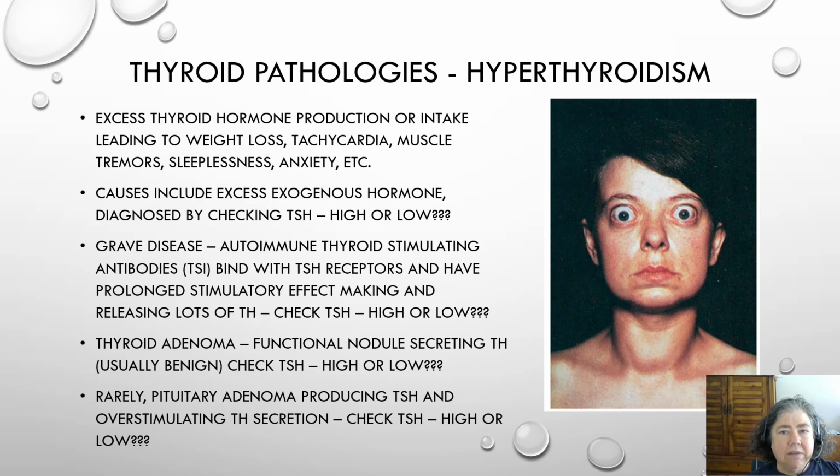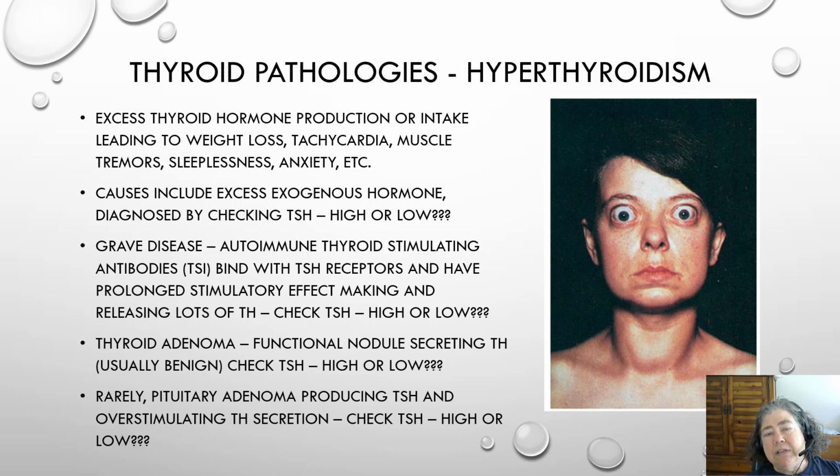And then the final cause of hyperthyroidism that we'll talk about here is a rare condition where an adenoma or glandular tumor, again, usually benign from the sense of not being cancer, occurs in the pituitary and produces excess thyroid stimulating hormone.